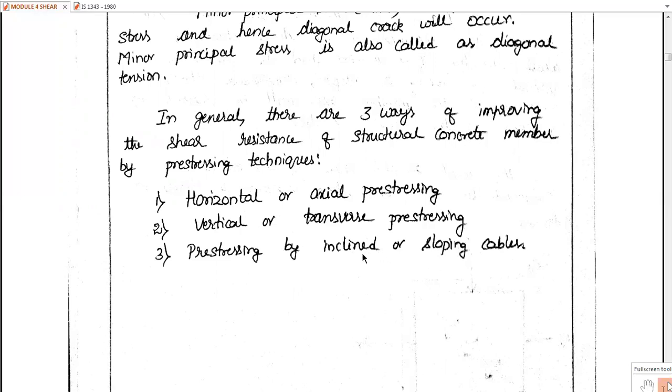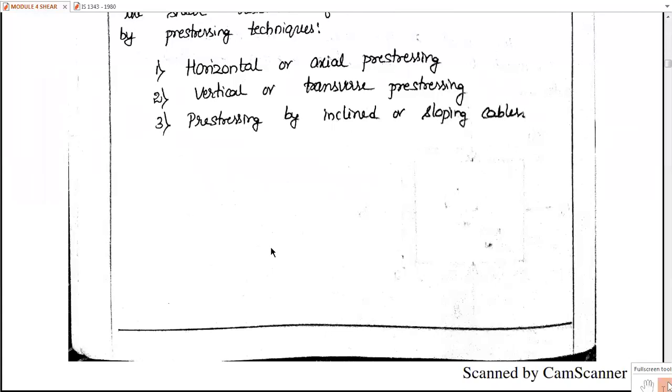Those are the inclined or sloping cables. By using these three types of pre-stressing systems, we can enhance the shear carrying capacity of the section. Means shear strength of the PSC member can be enhanced. Shear resistance capacity may be increased. That's all. Yes, clear. Now we shall proceed with the problems.